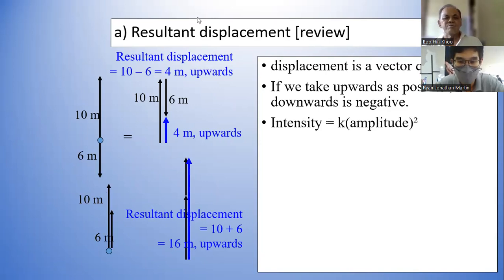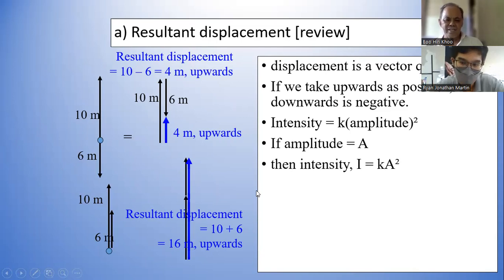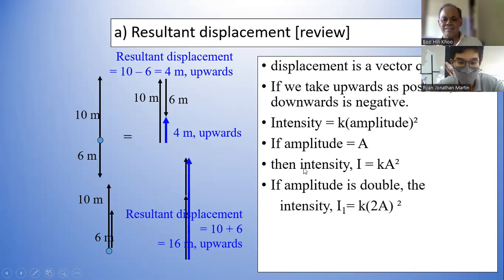Then intensity, you need to remember the formula. Intensity is proportional to amplitude squared. If the amplitude is A, the intensity will be I equals kA squared. If the amplitude is doubled, then you replace this amplitude with 2A.